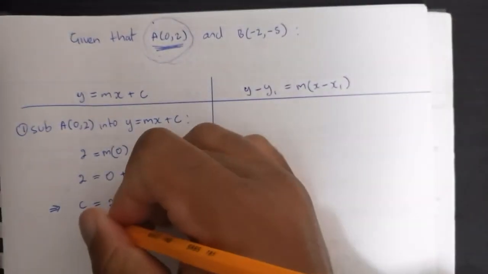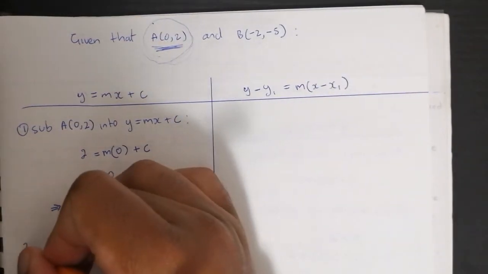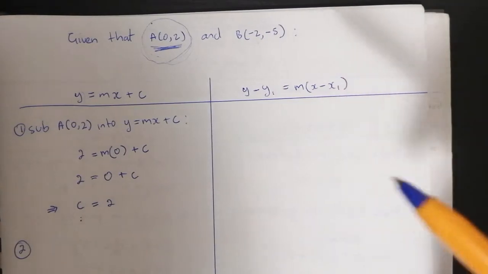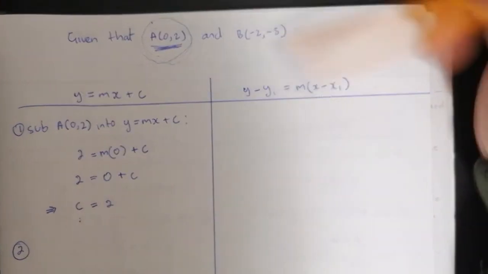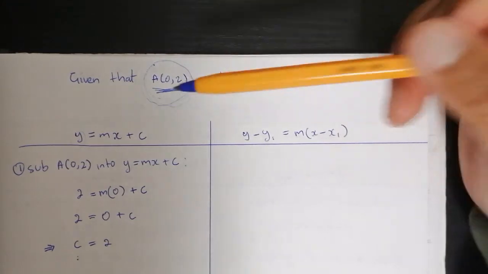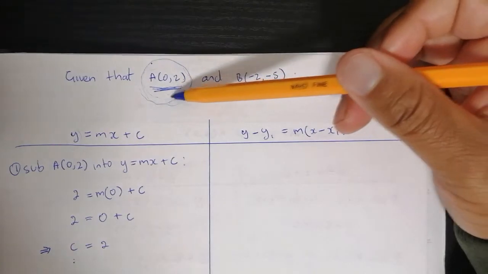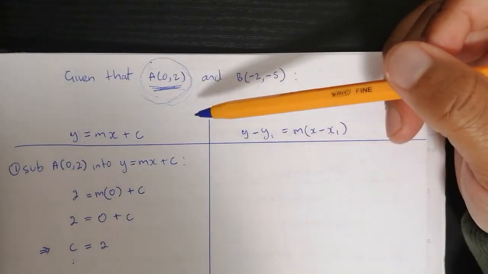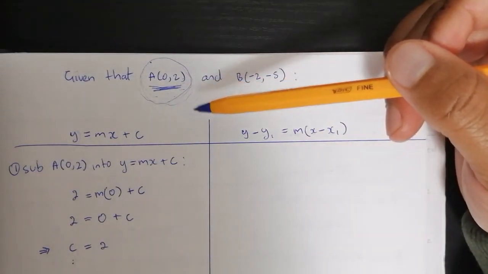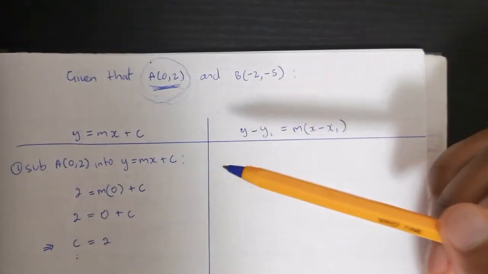Next, we need to find the gradient. So in order for us to find the gradient, we're not going to use this value. Do not use this value. You're just going to complicate your life if you use the point A, because the moment you use the point A, there's no m for you to solve.